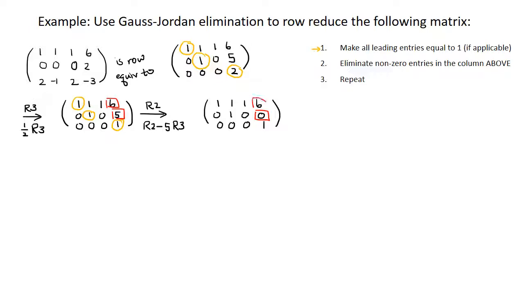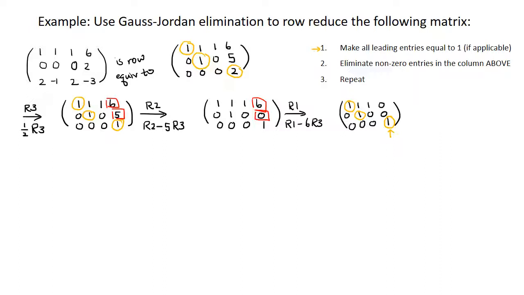So we're going to do that by replacing row 1 with row 1 minus 6 times row 3. Okay, so now if we look at the entries above this pivot, we can see that they're all 0. So this is the only non-zero entry in this column.